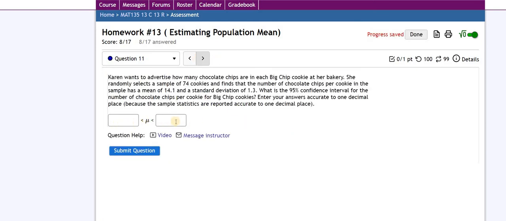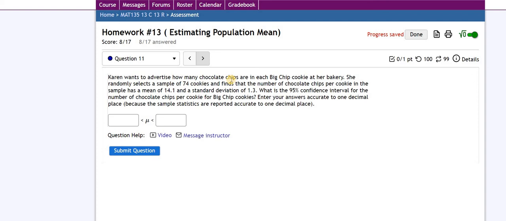I need to find the lower bound and the upper bound. Karen wants to advertise how many chocolate chips are in each big chip cookie at her bakery. She randomly selects a sample of 74 cookies, so n is equal to 74, and finds the number of chocolate chips per cookie in the sample has a mean of 14.1, so x bar is 14.1, and a standard deviation of 1.3, so s is equal to 1.3.